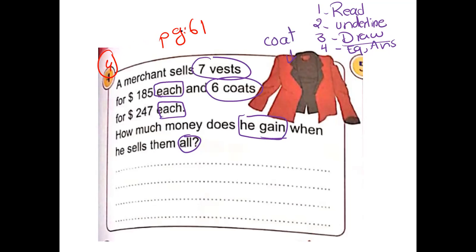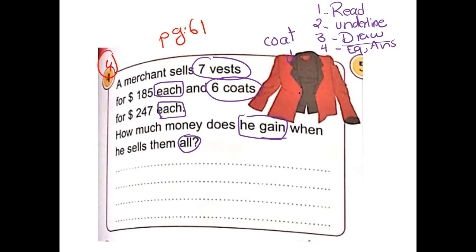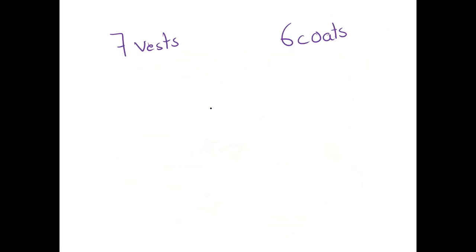This merchant sells 7 vests and how many coats? 6 coats. Do you know what I mean by coat? These are the coats that we wear, like a jacket. What do I mean by vest? It's a t-shirt.